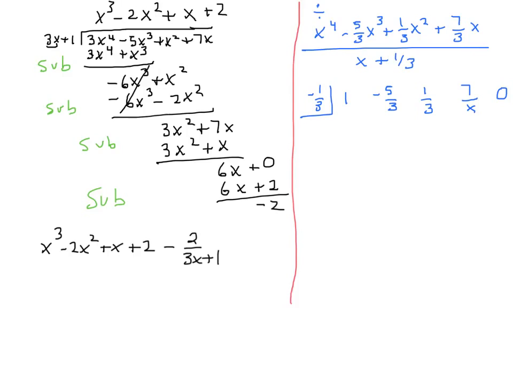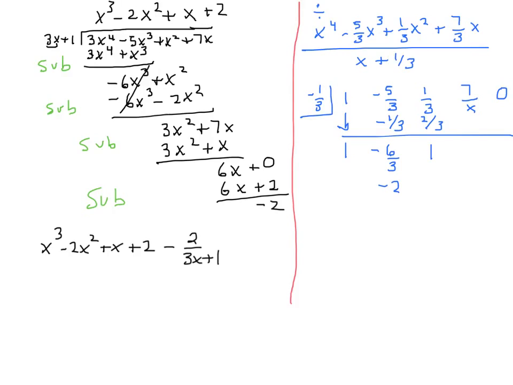We drop the 1. We multiply, and we add negative 6/3, which we know is negative 2. We multiply, and that is negative 2 times negative 1/3 is positive 2/3, and we add and we get 1.